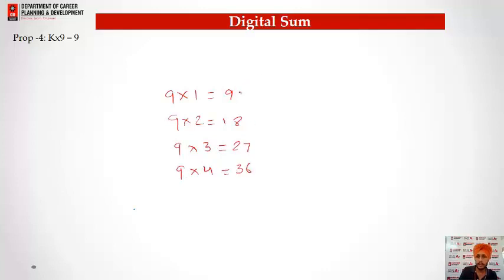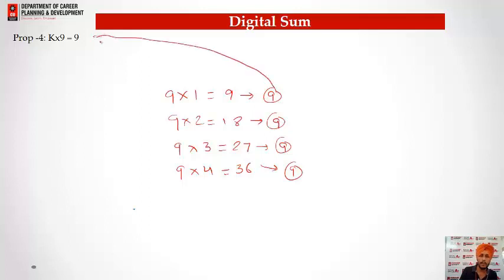Let's check the digital sum of these numbers. This is 9, 8 plus 1 is 9, 7 plus 2 is again 9, 3 plus 6 is again 9. So what does our property say? That k into 9 is equal to 9. It means when we multiply any number by 9, the digital sum will always be 9.